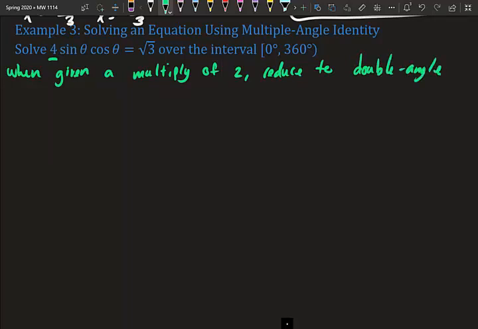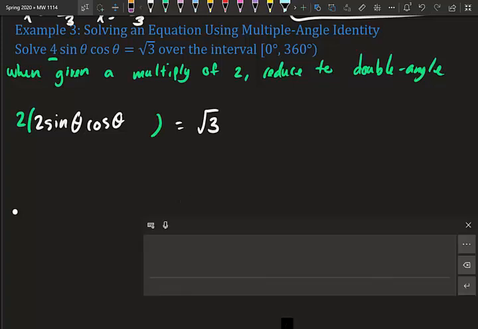When you're given a multiple of 2, reduce it to a double angle, and I'll tell you how to do that. How many times does 2 go into 4? 2 times. There's the 4: 2 times 2. Now I have a double angle identity. So I have 2 sine theta cosine theta equals square root of 3. See how I forced a double identity there? You're allowed to do that, because I didn't technically change the value, I just changed the way it looked.